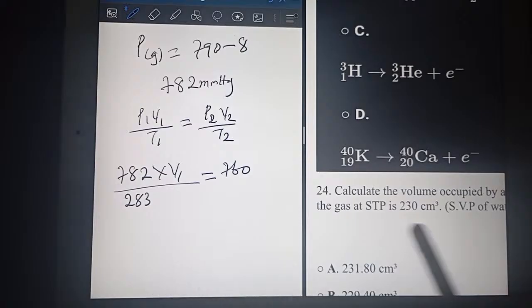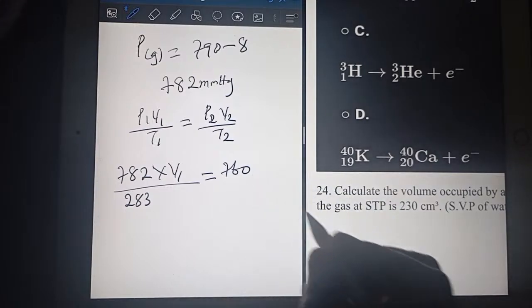So it depends. If STP was mentioned last, you now make it your P2 T2. But when it is mentioned first, it can now become T1 and P1. So there is no such thing that STP is usually P2 and T2. No, it can be. It depends on how the question is coined.